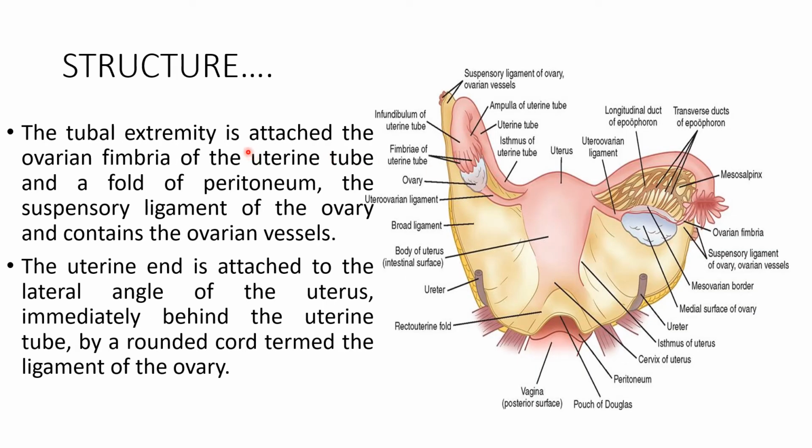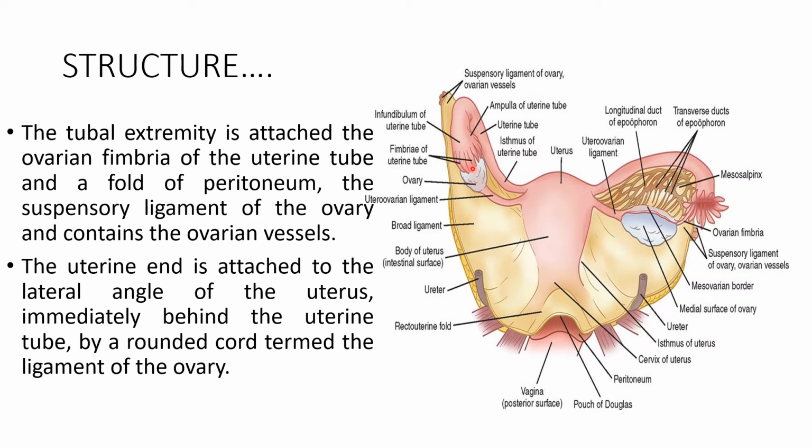The tubal extremity, or the tubal pole or upper pole, is attached to the fimbriae of the uterine tube and the fold of peritoneum. That fold is called the suspensory ligament of the ovary and it contains ovarian vessels. Here you can see the tubal end. This is the fimbriae of the uterine tube and this is the tubal end.